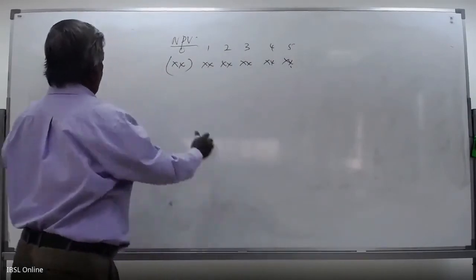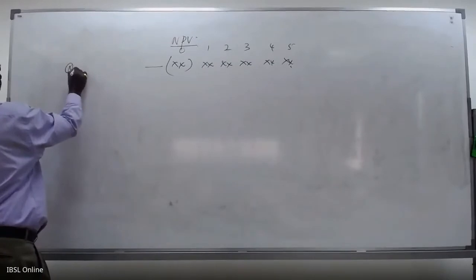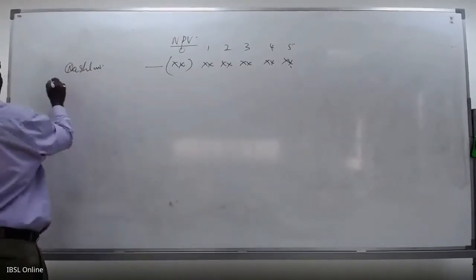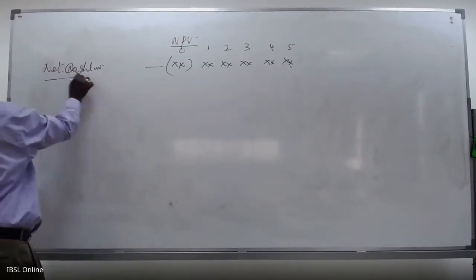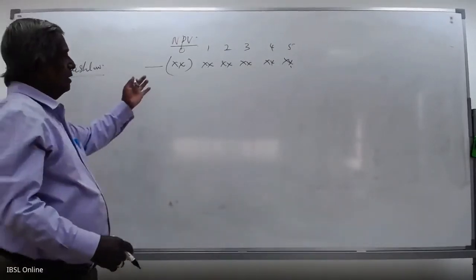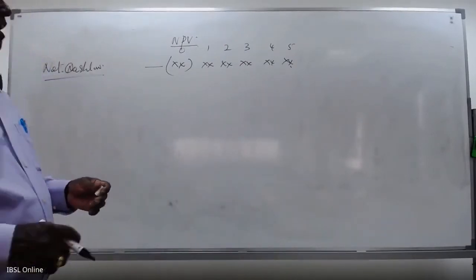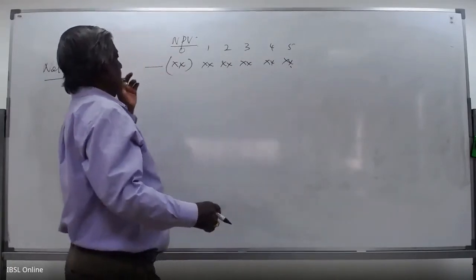So this is the normal cash flow. This is going to be the net cash flow. So you have to get the net cash flow. There will be a negative value and then the positive values.